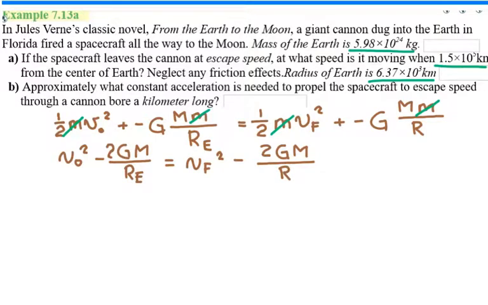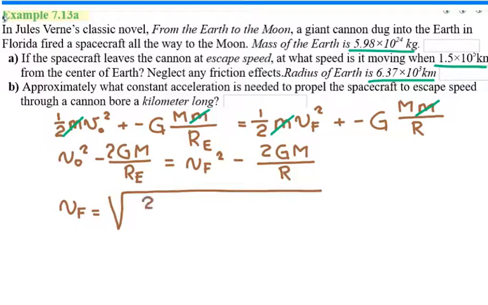So if I'm solving for v final, I have v final is equal to the square root of, I have to move 2GM over r to the left side.